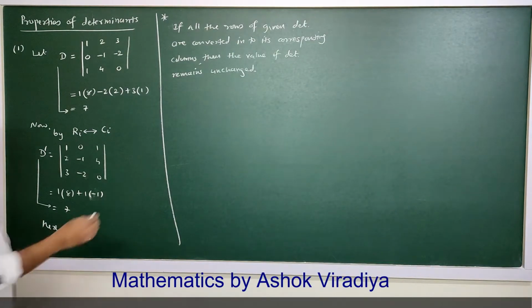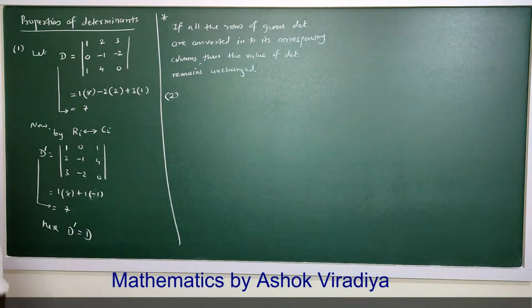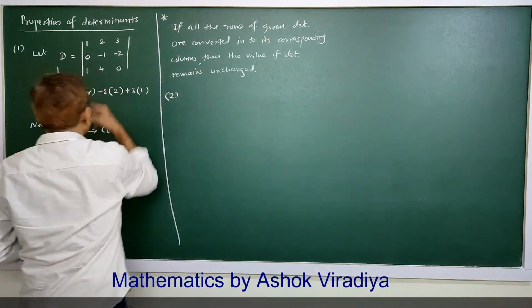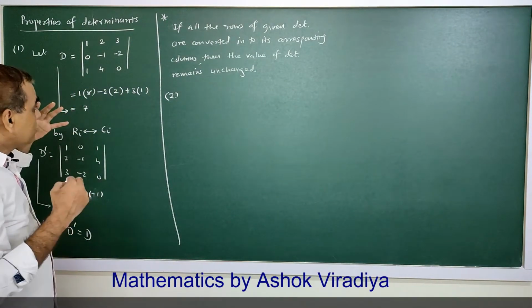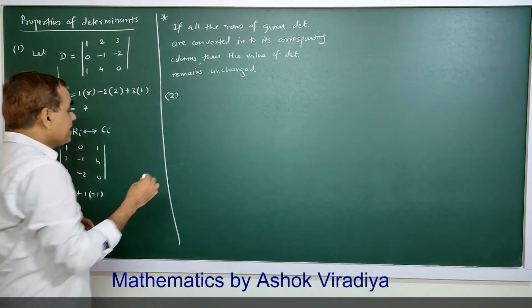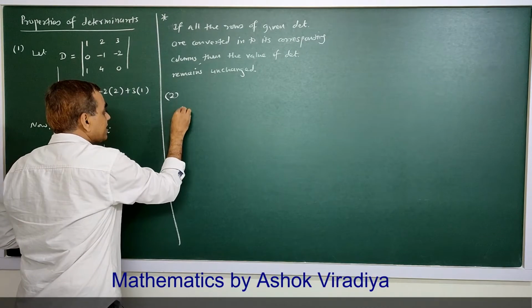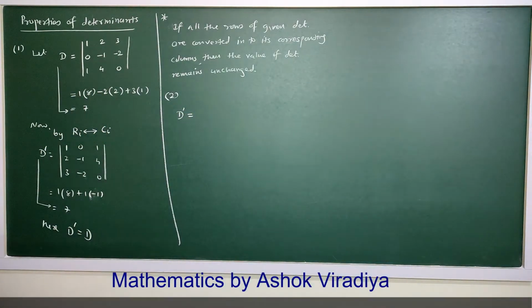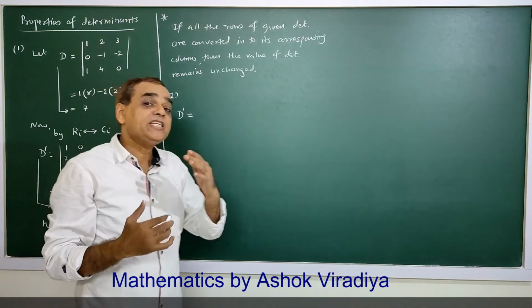Now second property. Suppose I am taking same determinant D. Now to explain second property, suppose I take here D dash, where I am interchanging any two rows.